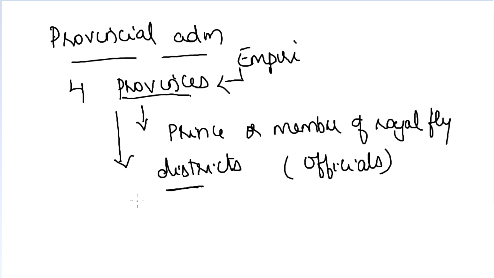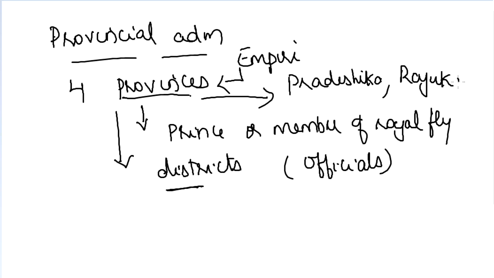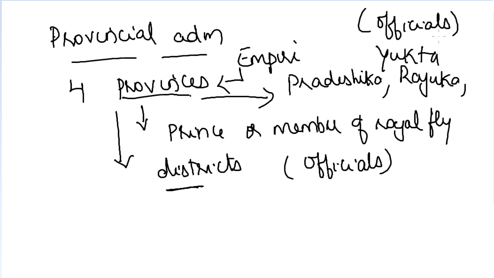The 3 major officials of the provinces were Pradeshika, Rajuka and Yukta.